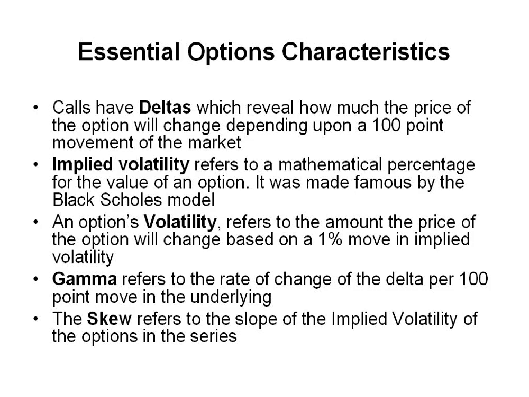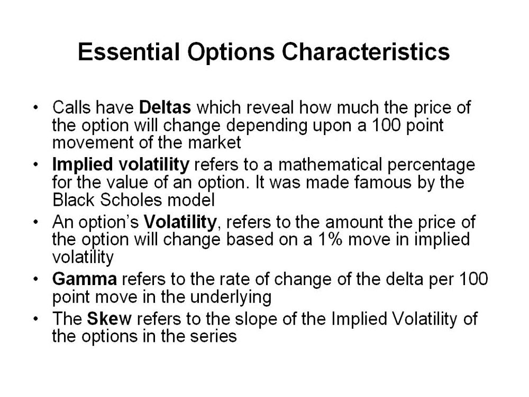The essential options characteristics you might want to consider, or should have already hopefully, are that calls have deltas which reveal how much the price of the option will change depending upon a 100-point movement in the market. And of course, puts have the same feature. They change at a certain rate depending upon a 100-point move in the future. The implied volatility refers to a mathematical percentage for the value of an option.